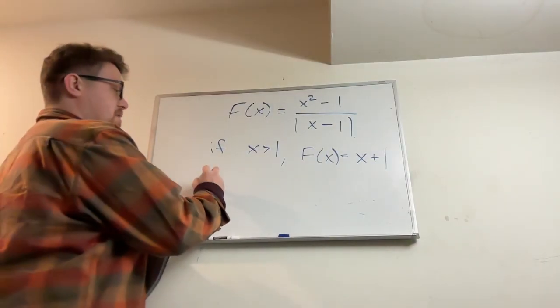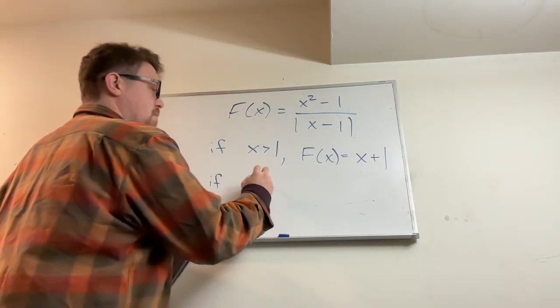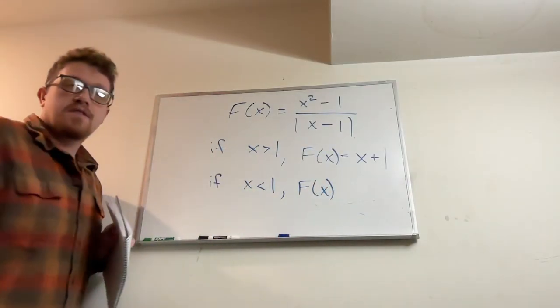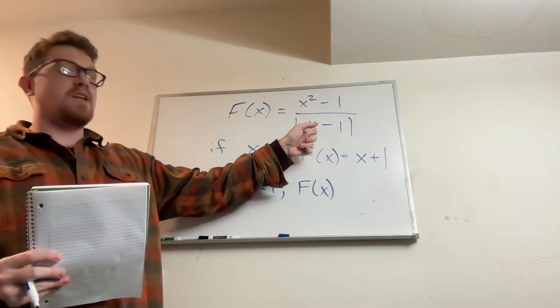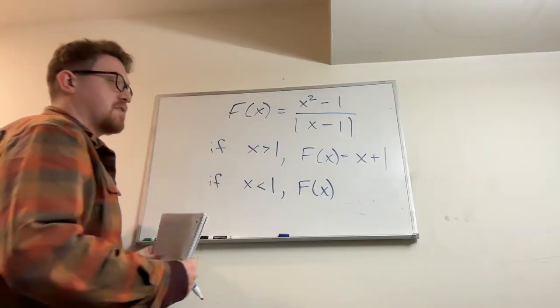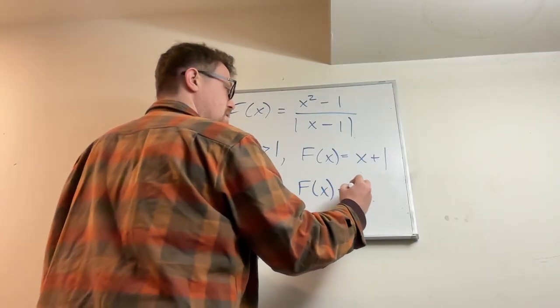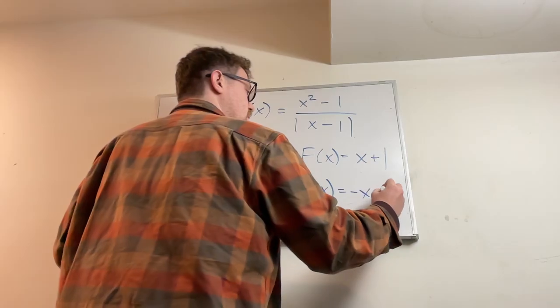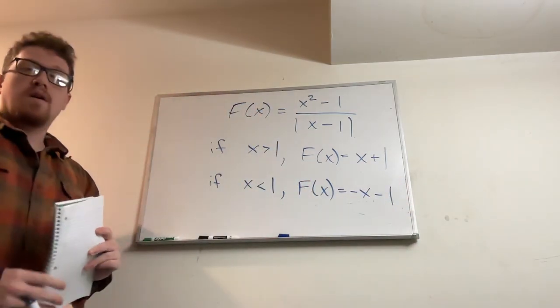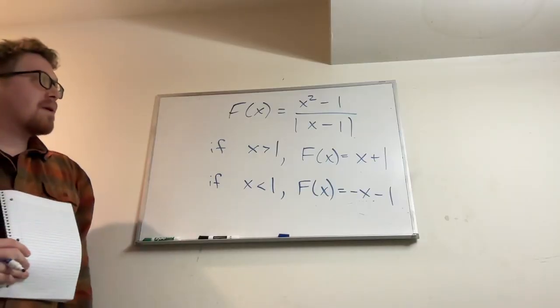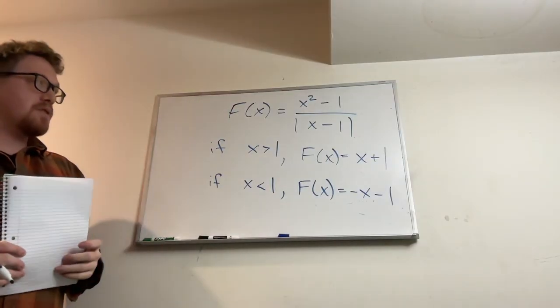And if x is less than 1, then it's the same fraction, but the bottom becomes negative, right? So it's basically the same thing, but it's the negative of this, so it's minus x minus 1. Right, which is just x plus 1 divided by negative 1, because then the x minus 1 terms cancel.